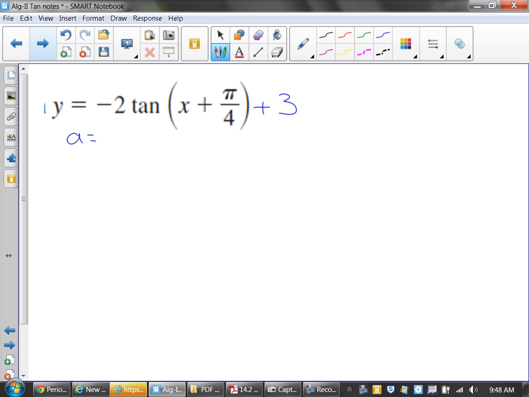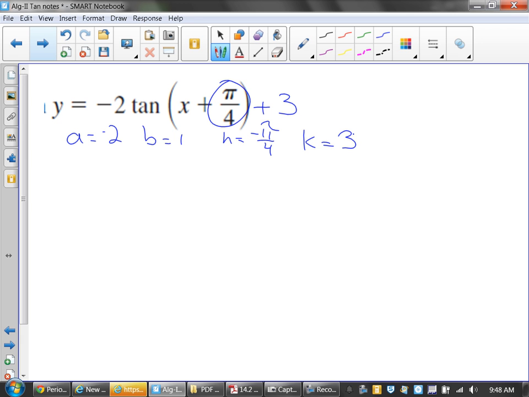Well, let's start with this. What's A? -2. What's B? Good. H? -pi/2. -pi/4. Yeah, -pi/4. And then K is a +3. So I know that when I'm done graphing the parent function here, everything's going to have to move left and up.